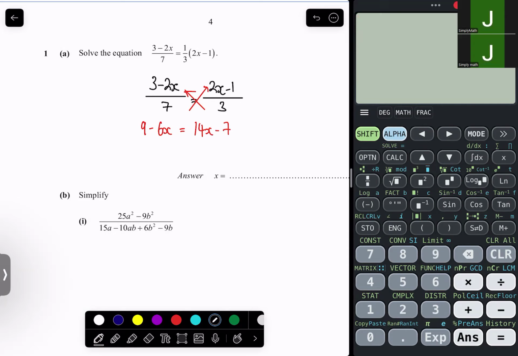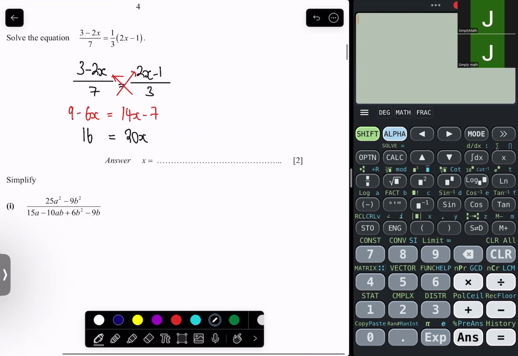So what I'll do is I'll shift the negative 6x over to the right-hand side instead, so that I will have 20x equals to 16. So it means the same thing, 16 equals 20x, 20x equals to 16. Then I can say x equals to 16 divided by 20 equals to 4 out of 5.